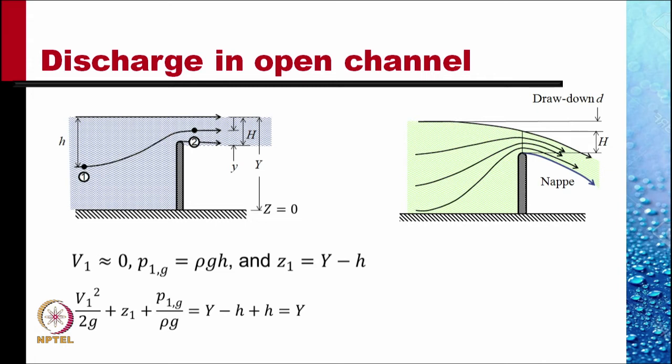Since the pressure below the jet and above the jet are both atmospheric, it is fair to assume that the pressure at point 2 is atmospheric.